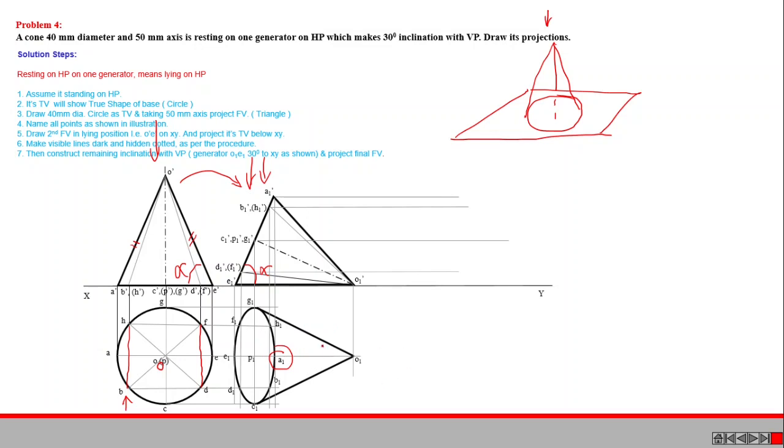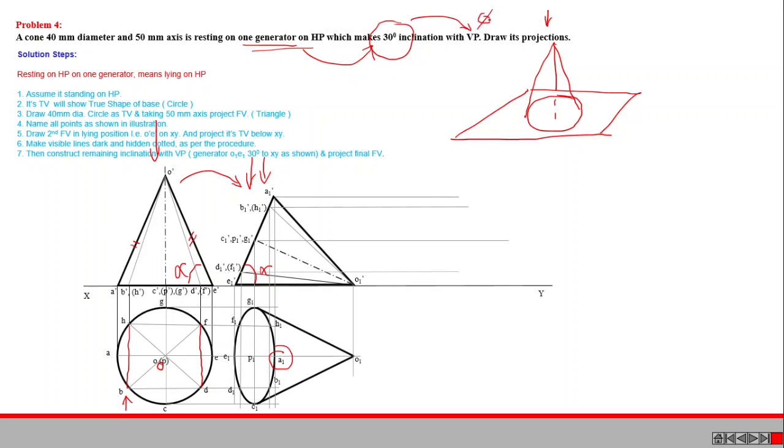Then we can draw the next condition. Here that particular condition is the axis is 50 mm, resting on one generator on HP, which makes 30 degree with VP. That generator makes 30 degree with VP. That means this 30 degree is true inclination with VP, phi.